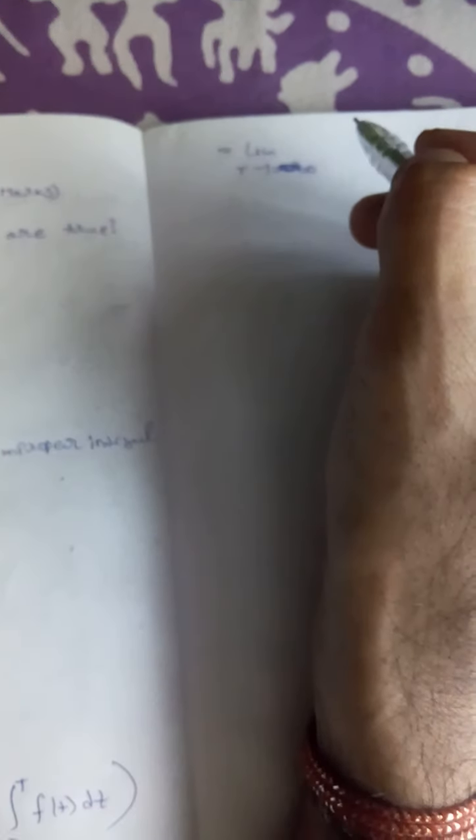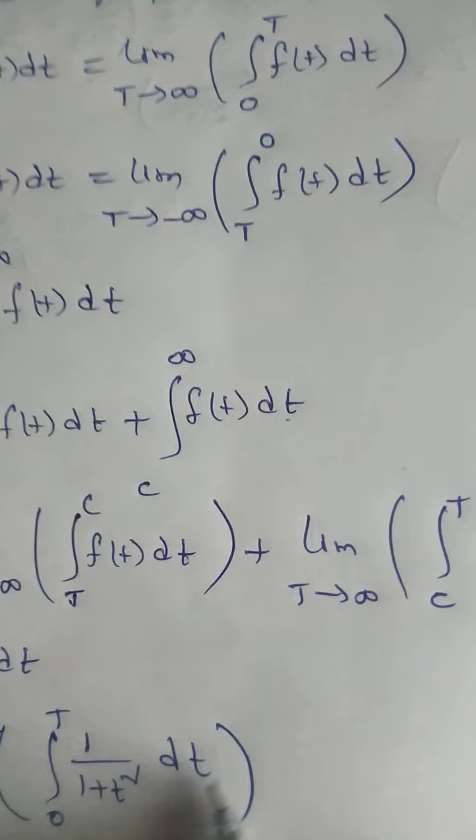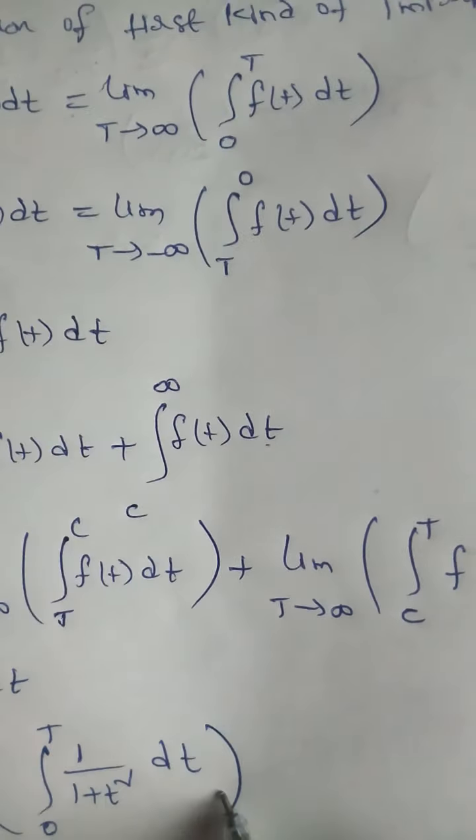The integration of 1 by 1 plus t square dt is tan inverse t, with limits 0 to capital T. So this is limit capital T tends to infinity of tan inverse of capital T minus tan inverse of 0.